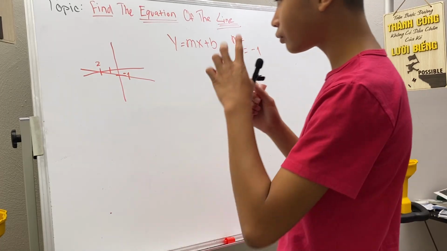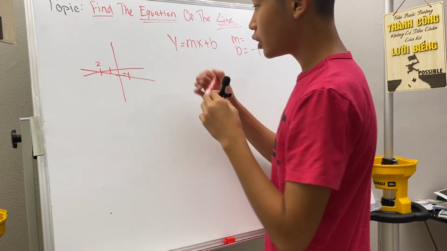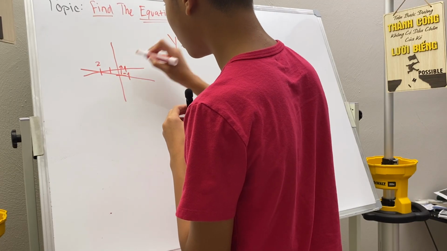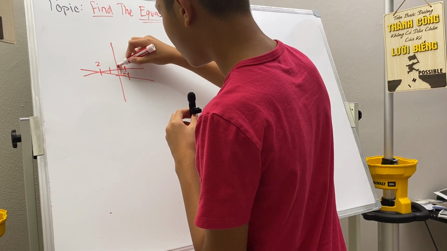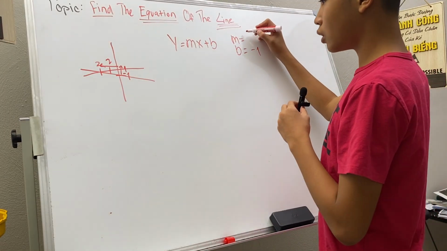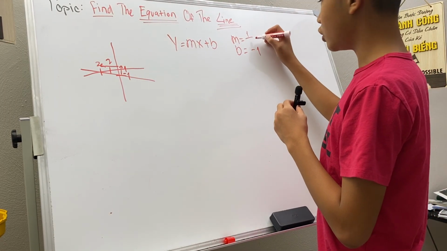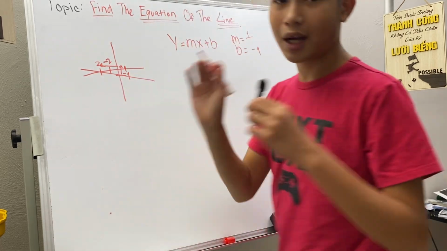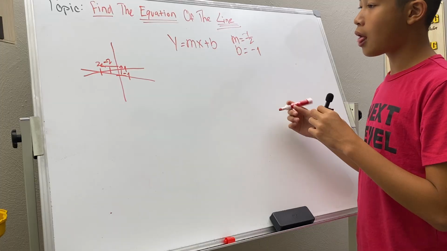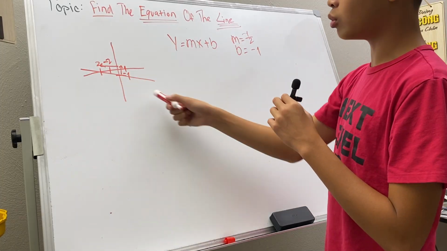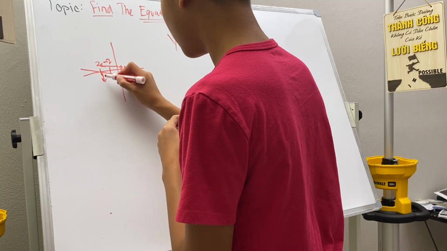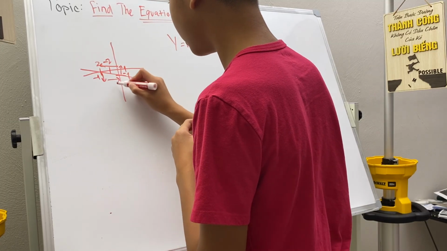Now, from -1, you need to rise up 1, then over -2. So the slope is rise up 1, then you go over -2. I'm so sorry. Now if you get from the x to the y, it's the same thing. You need to go down 1 and over 2.